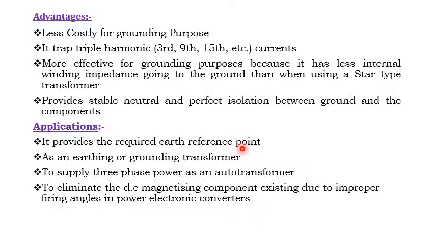It is used as an earthing or grounding transformer, to supply three-phase power as an auto transformer, and to eliminate the DC magnetizing component existing due to improper firing angle in a power electronics converter. That means it suppresses the third harmonic, the triple harmonic can be suppressed here. So that means you can get a pure sinusoidal wave.